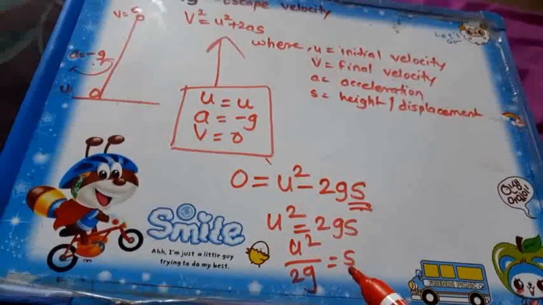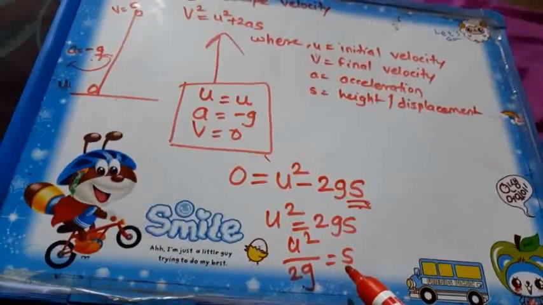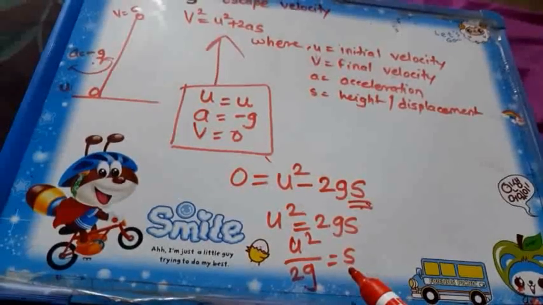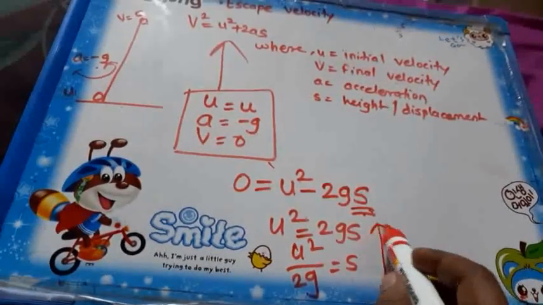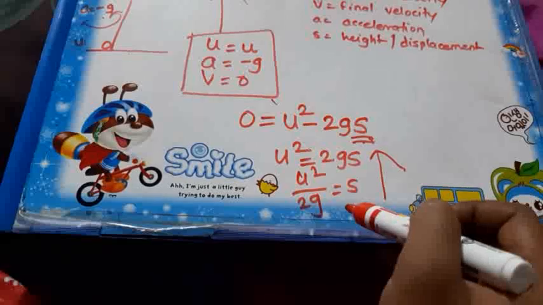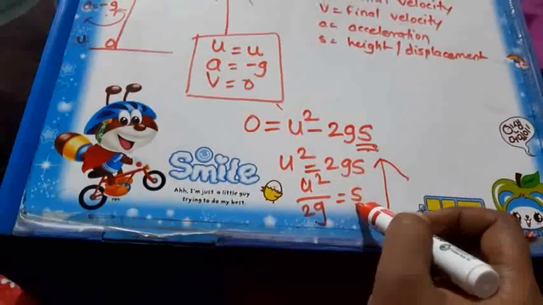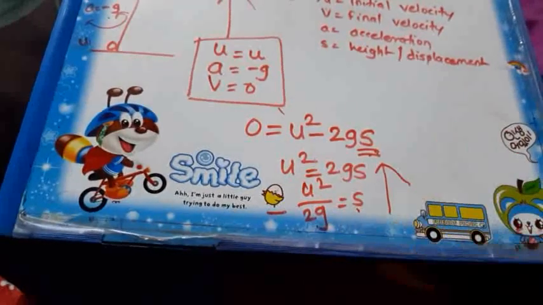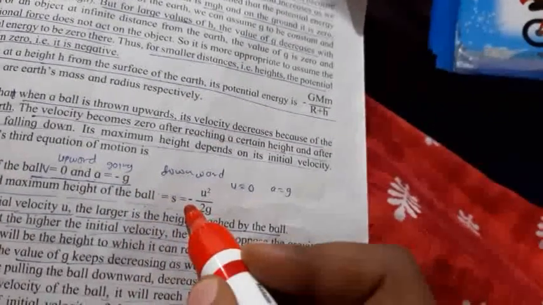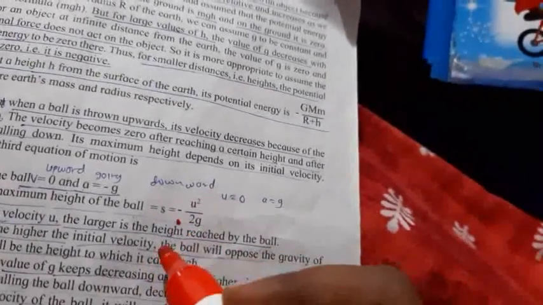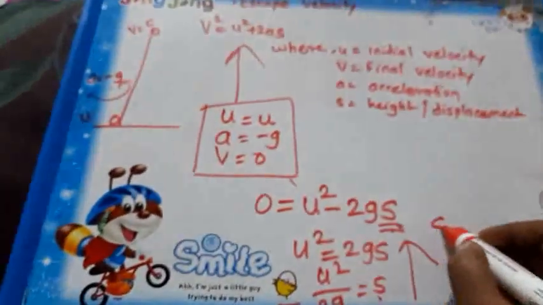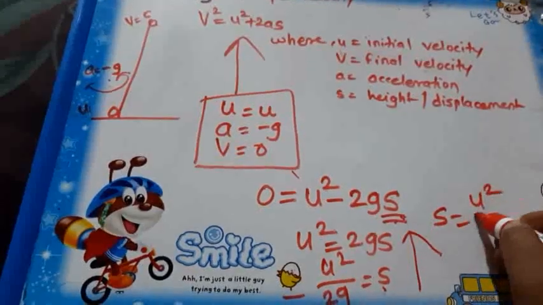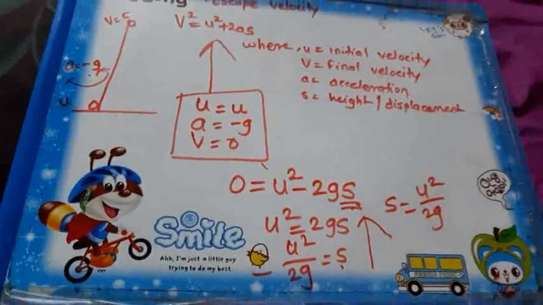So this is the maximum height attained by object when it is thrown vertically upwards. In your textbook, value of s is equal to minus u square by 2g is given, but that minus here, you can see this minus is not correct, it is wrong. Value of s is just positive u square by 2g.